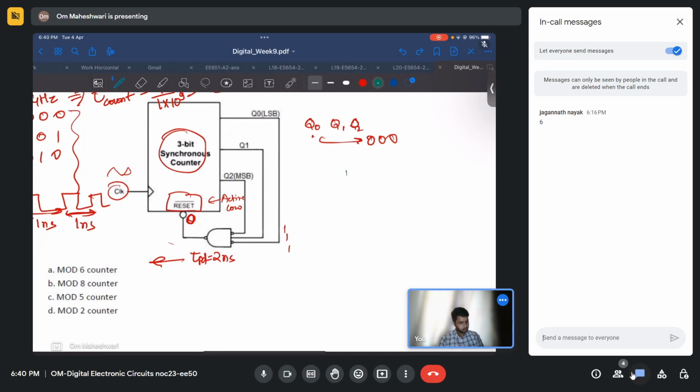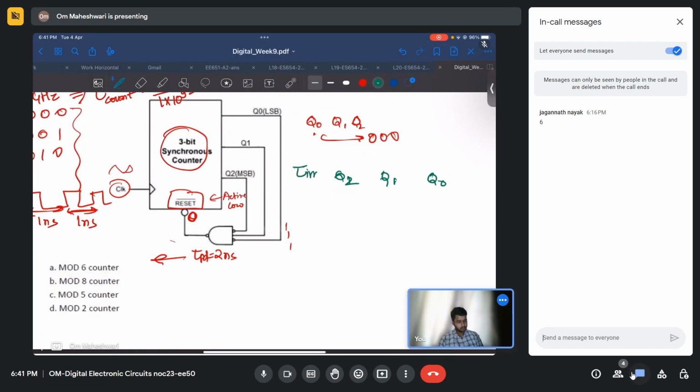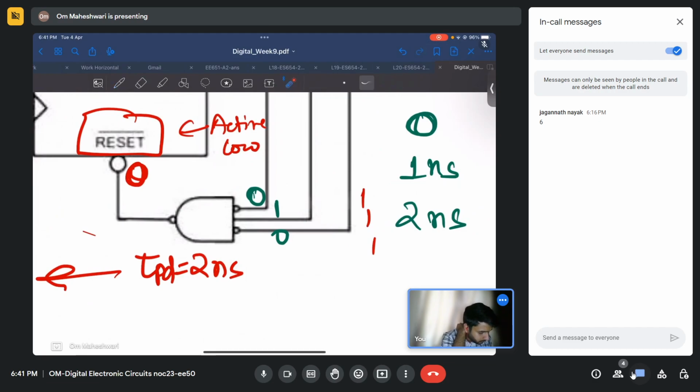So Q2, Q1, Q0. Let's see the time. At time 0 we have 000, at time 1 nanosecond we have 001, at 2 nanoseconds we have 010. If you look closely, we have bubbles here, right?